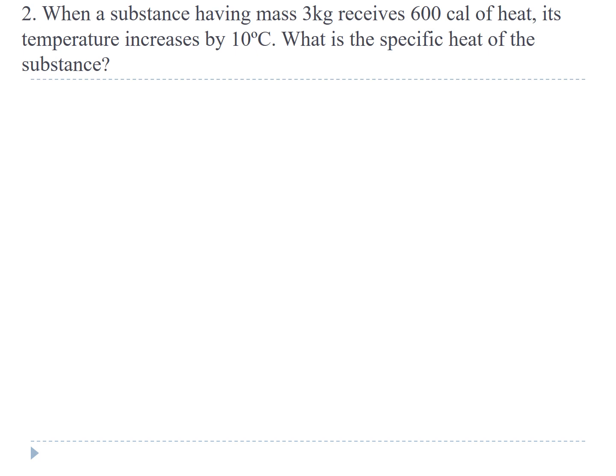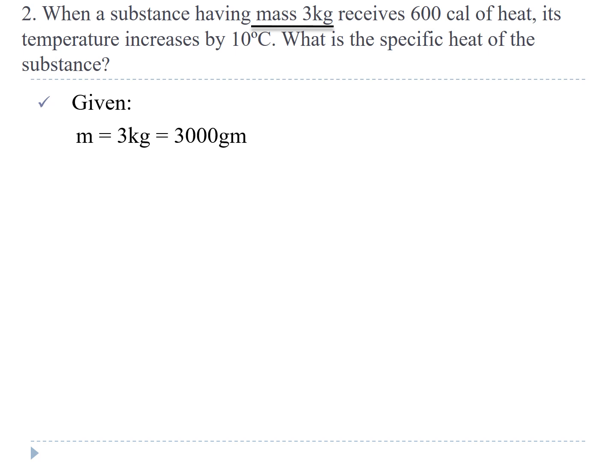Now here, when a substance having mass 3 kg receives 600 calorie of heat, its temperature increases by 10 degrees Celsius. What is the specific heat of the substance? Let's see what is given. Mass is given as 3 kg. So m is equal to 3 kg.